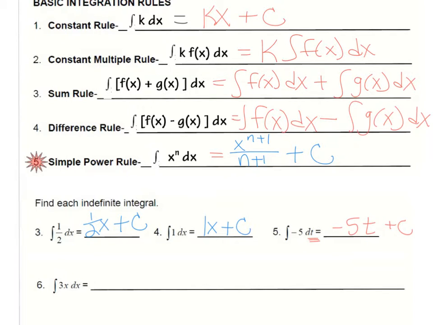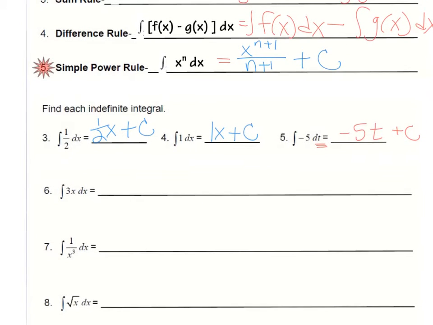This d part tells us which variable you're going to use in your antiderivative. So what we just wrote was, if I take the derivative of -5t plus c, I will get -5. If I take the derivative of 1x plus c, I get 1. If I take the derivative of 1/2 x plus c, I get 1/2.